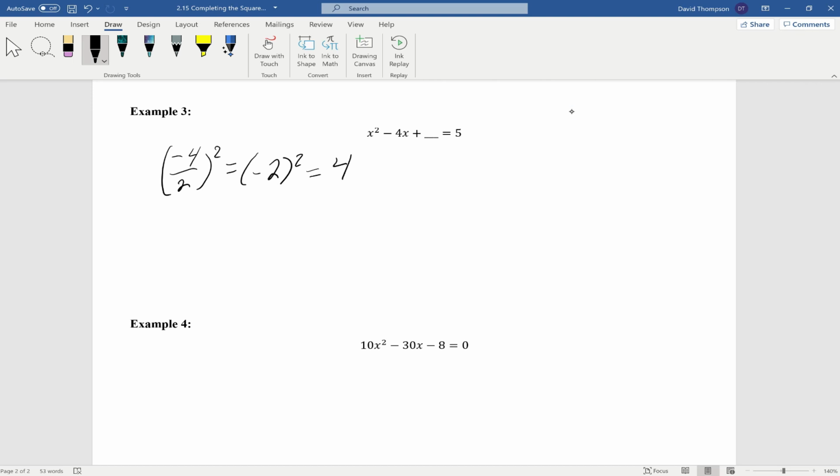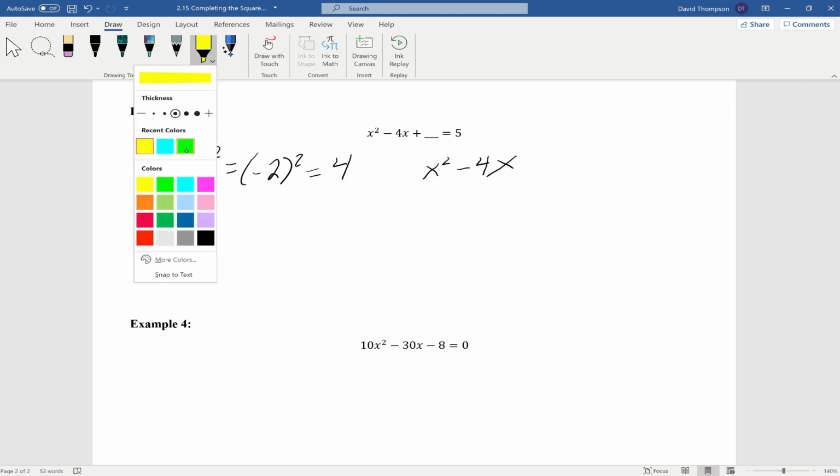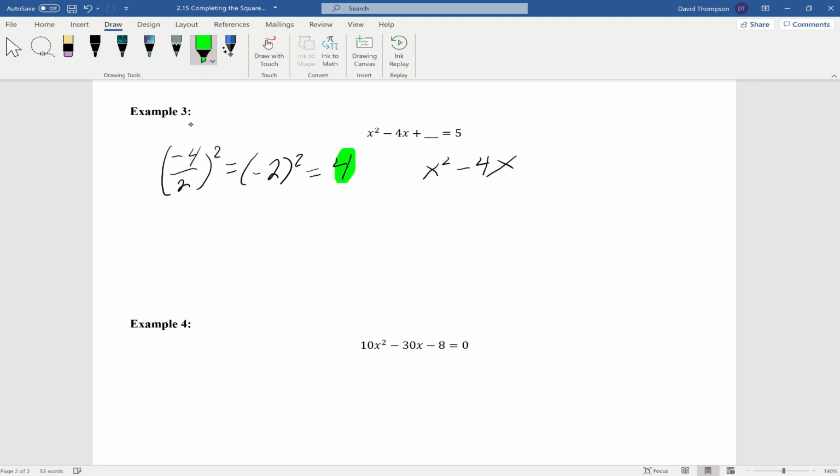So now just plug in x squared minus 4x, and the 4 is going to go in that blank. So plus 4 equals 5 plus, we'll add the 4 on the other side of the 5 as well.